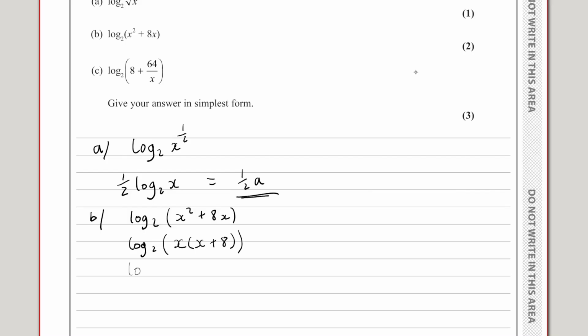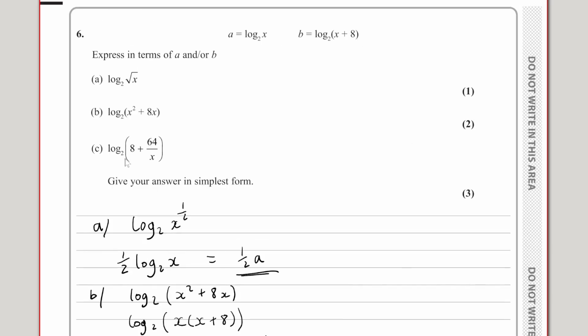So we can have log base 2 of x plus log base 2 of x plus 8. So we can split it up into two separate logs with a plus in between them. Two things multiplied together, split them up into a plus. Log base 2 of x was a, and log base 2 of x plus 8 was b. So we've got a plus b.